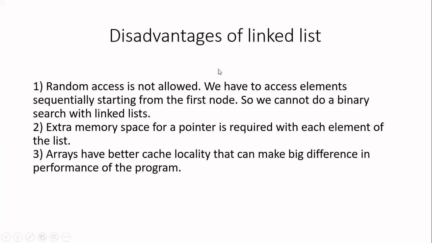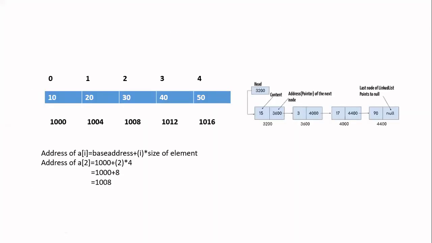If you focus on the disadvantages of linked list, the main disadvantage is, here I'm telling you access 17. If I want to access 17, that is called random access. We have two types of access. One is sequential access, another is random access. Sequential access means start from the first element, access them one by one.